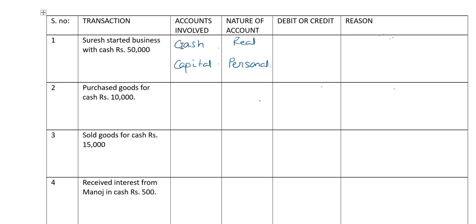The rule for real account is debit what comes in, credit what goes out. So cash comes into the business, so debit what comes in. So we need to debit cash account with 50,000 rupees. The rule for personal account is debit the receiver, credit the giver.